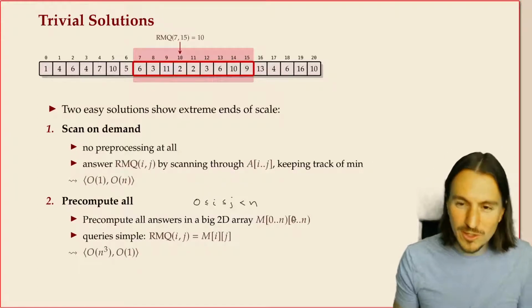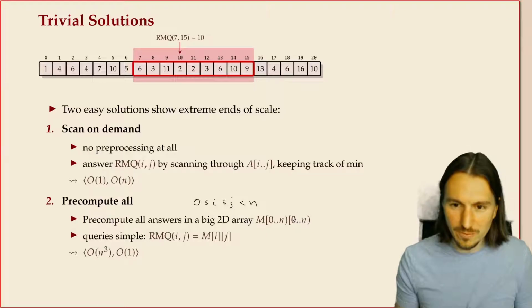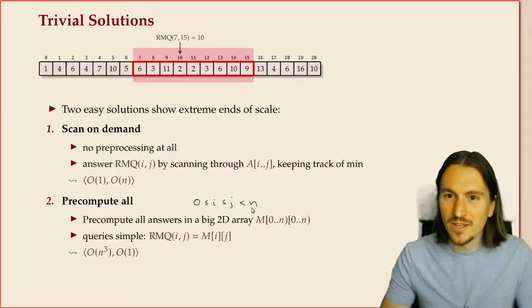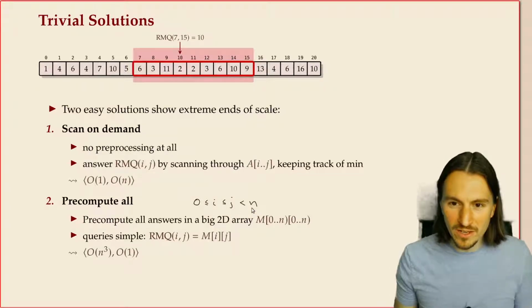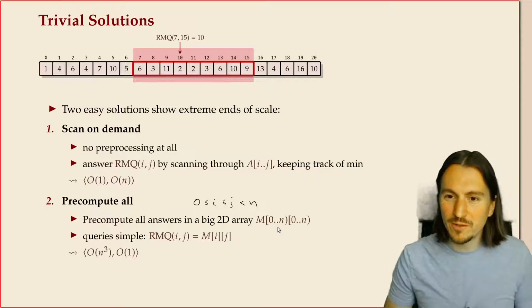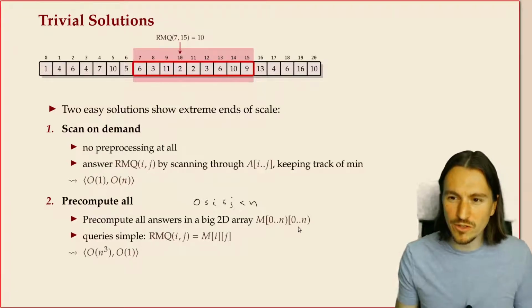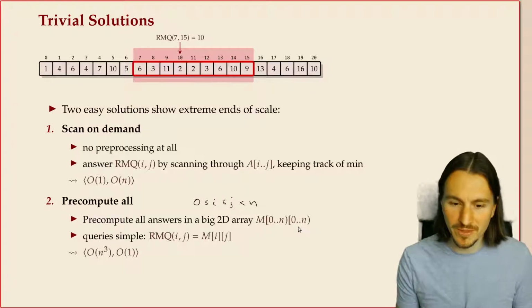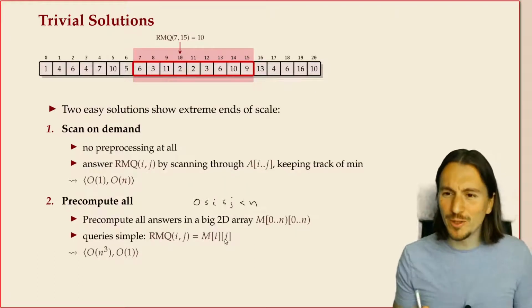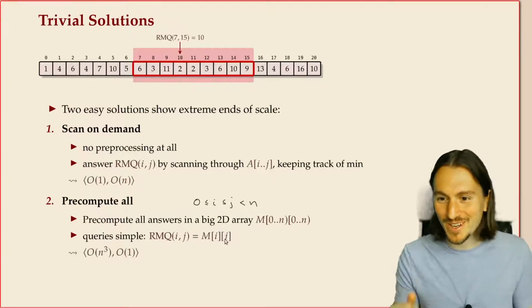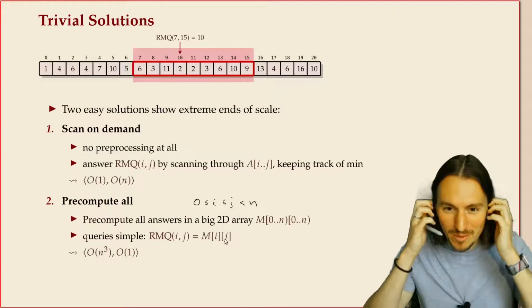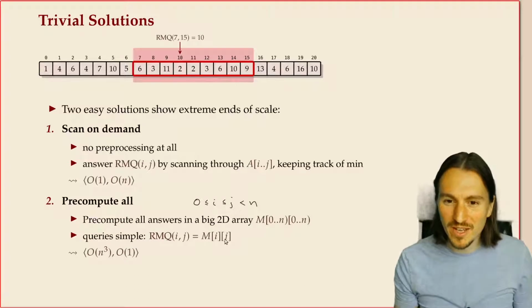So there's only n squared choices for i and j. So we can create one big two-dimensional array for i and j and just store the solution for RMQ there. So the query is one array lookup, well, maybe in a two-dimensional array, but you can even map this to a 1D array if you wanted.